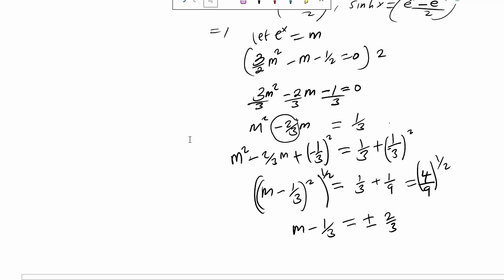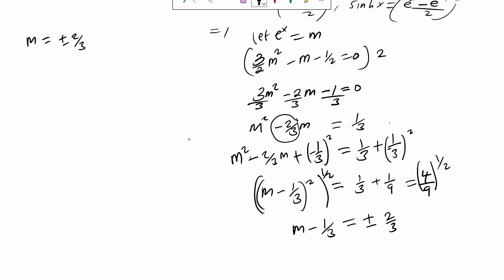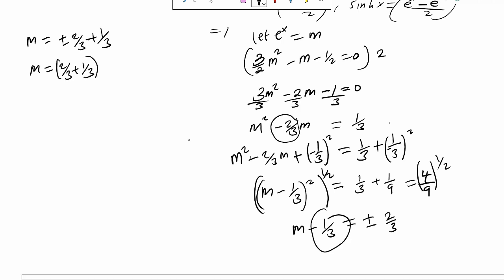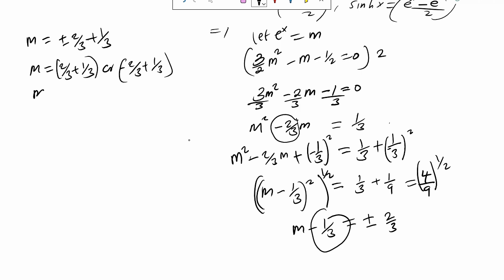Okay, now from here we shall have m equals to plus or minus 2/3. Because we are subtracting a third here, we shall add 1/3, so that m equals to either 2/3 plus 1/3, or negative 2/3 plus 1/3, and that means that m is 1 or negative 1/3.